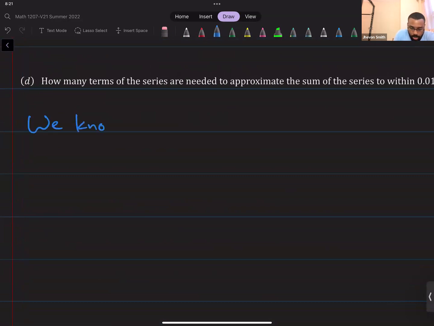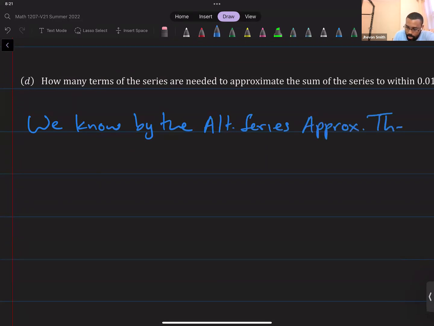We know by the alternating series approximation theorem that the error, which is S minus Sn, is less than or equal to the a_(n+1) term.